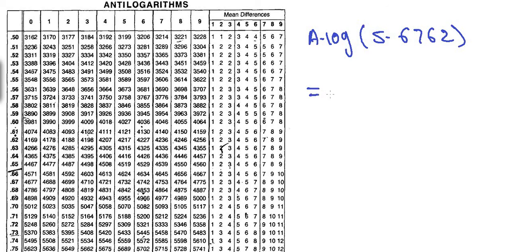5.6762, that is equal to, how to group it, 0.67, 6 and 2. Look at 0.67 in the first column. This is the first column. Here is 0.67, then 6 in the first row. This is 6 and the mean difference is 2. Now take the intersection of 0.67 and 6.